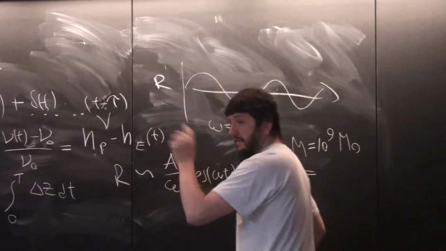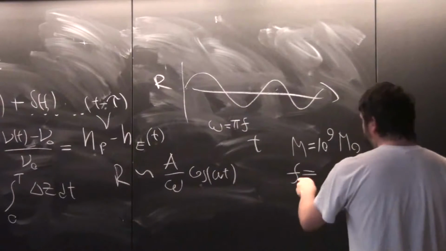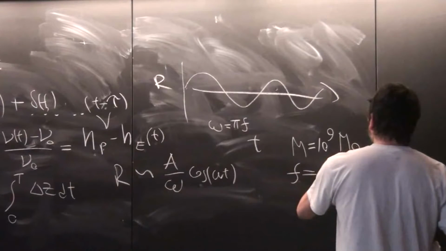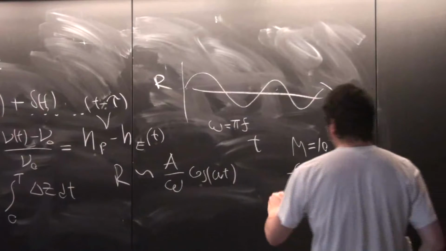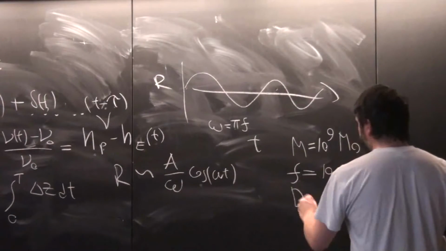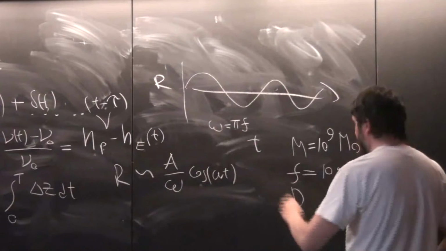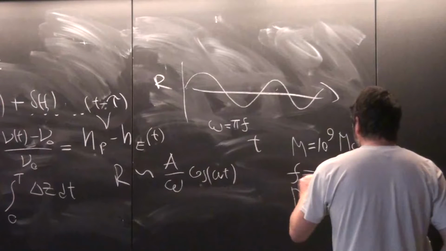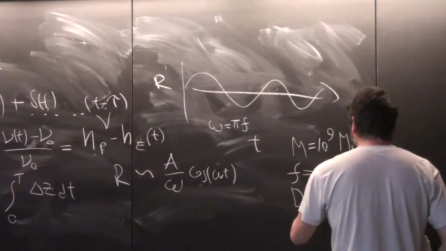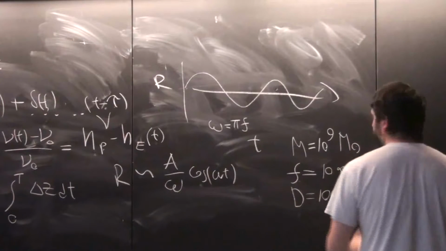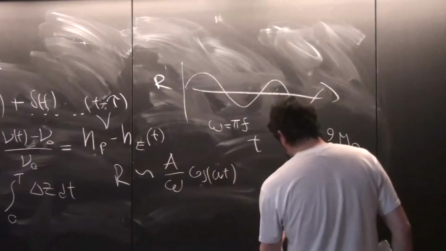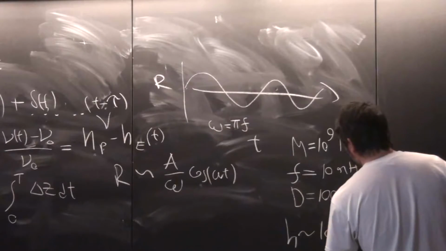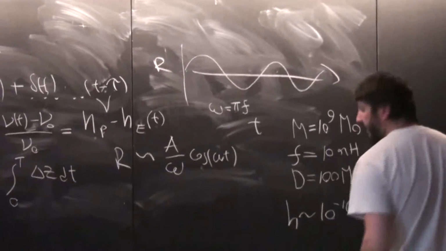Pi, not 2 pi, because the gravitational wave is the second harmonic. F equal, let's say, 10 nanohertz, and put the distance of your massive black hole binary to, I don't know, let's say 100 megaparsec. Okay. This h is of the order of 10 to the minus 16, something like that.